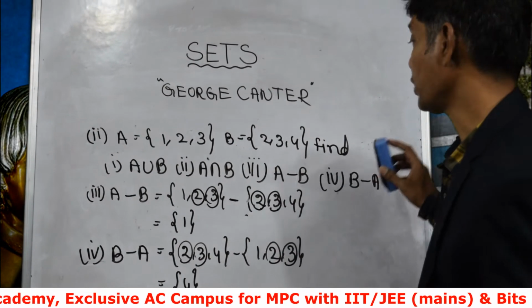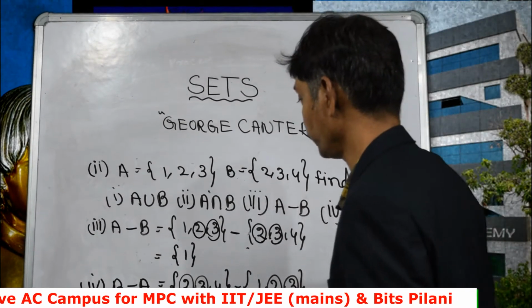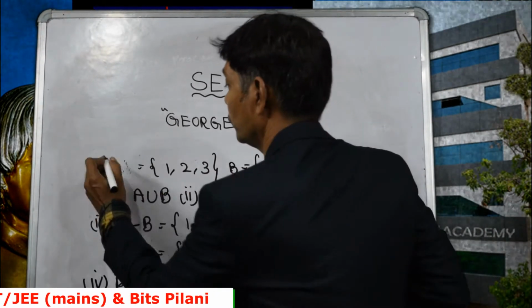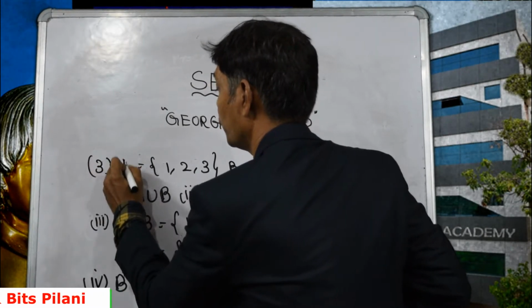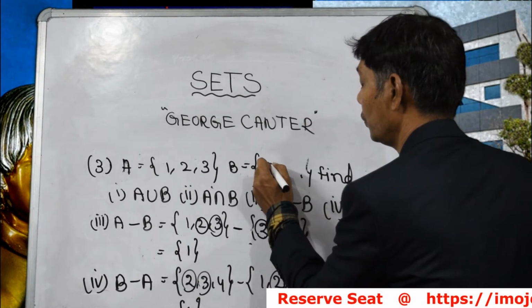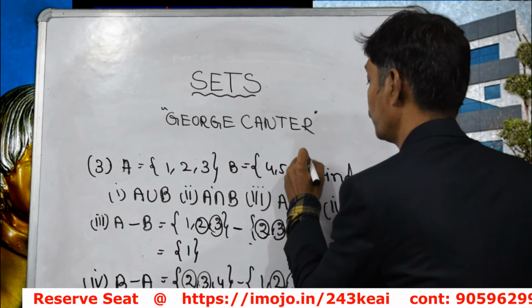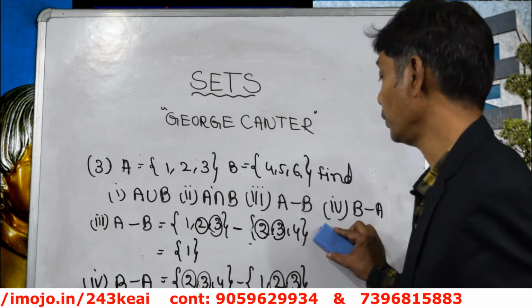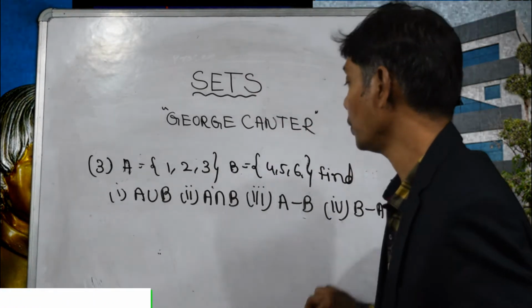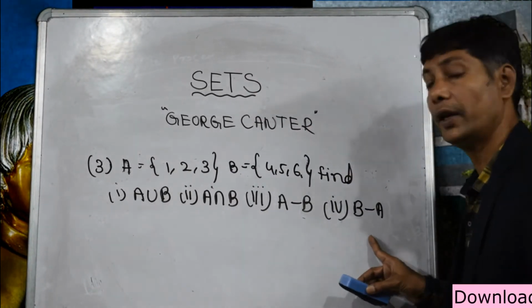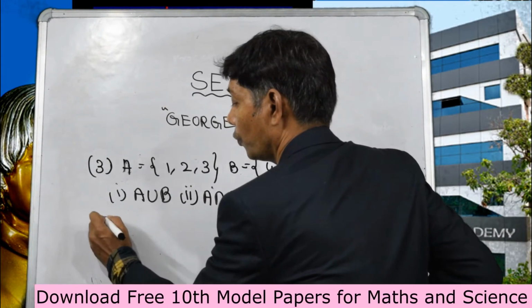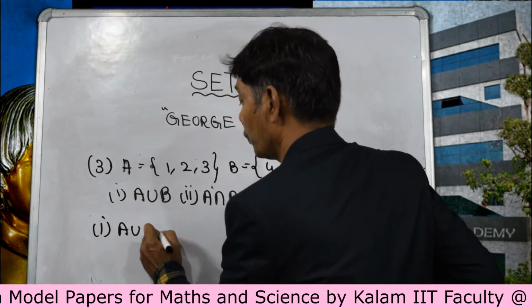Now you go for the next type of sum. Say, go for the third sum. A is equal to 1, 2, 3. B is equal to 4, 5, 6. Now you have to find out the same: A union B, A intersection B, A minus B, B minus A. Here, A union B. What is that?